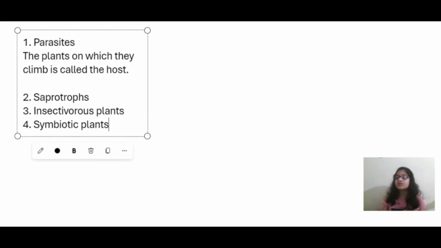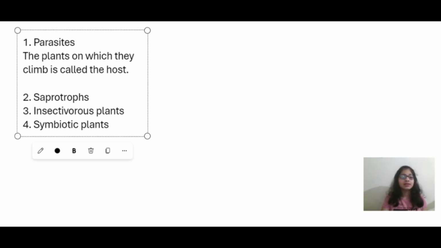This is known as fungi or fungus. These fungi take all the nutrients from the dead and decaying matter. This is known as saprotrophic nutrition. The nutrition in which the organisms take nutrients from the dead and decaying matter is known as saprotrophic nutrition.